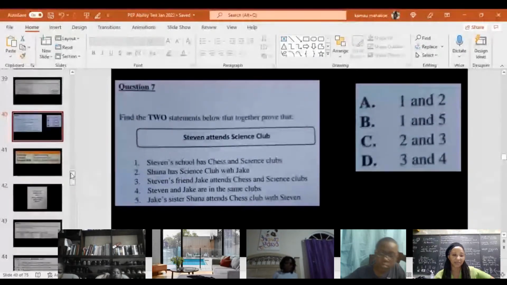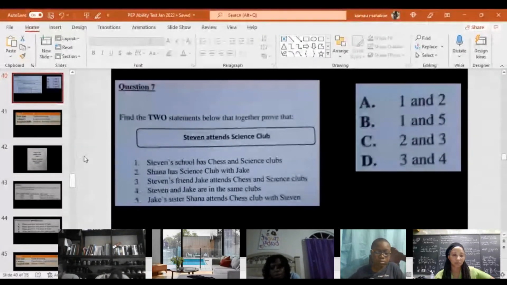Madison, question 7. Okay, Miss. Question 7. Find the two statements below that together prove that Stephen attends science club. 1. Stephen's school has chess and science clubs. Number 2. Shauna has science club with Jake. 3.